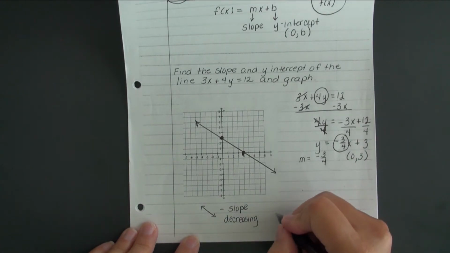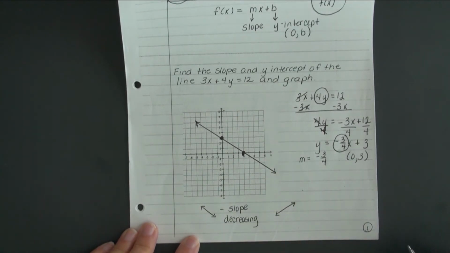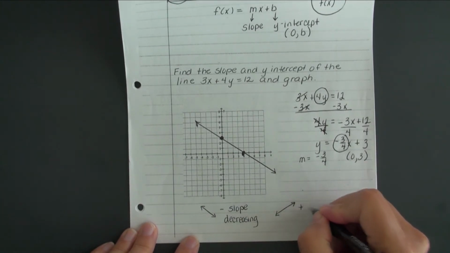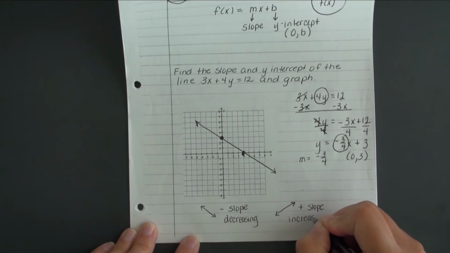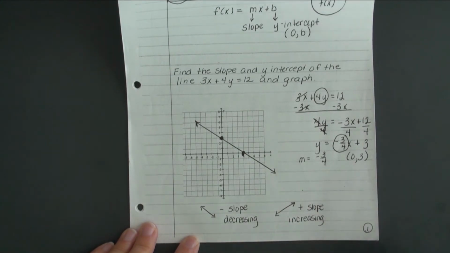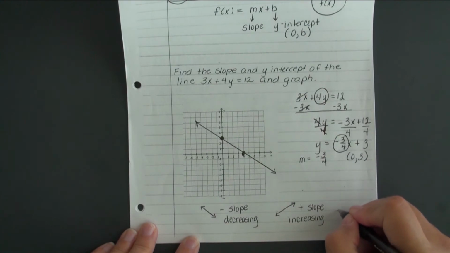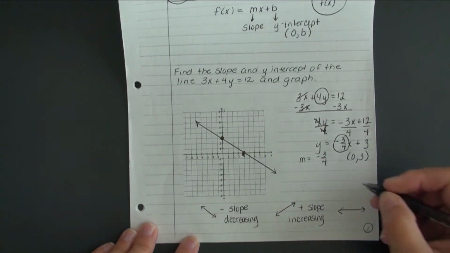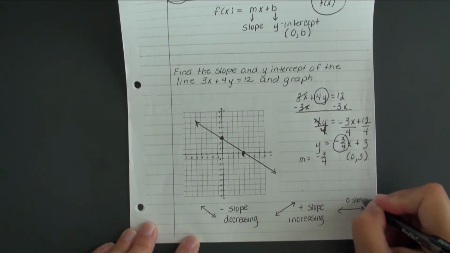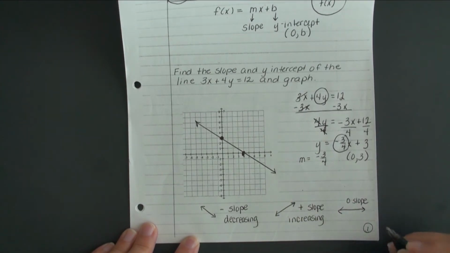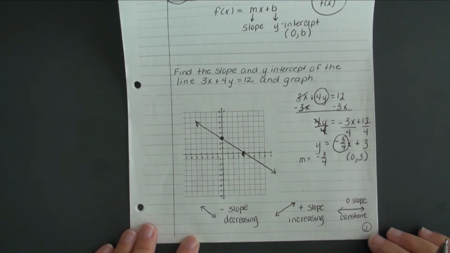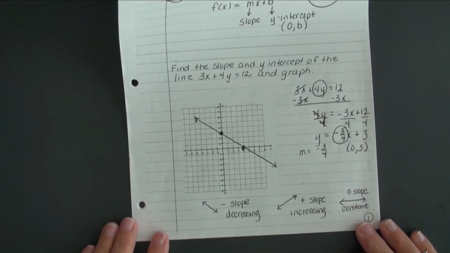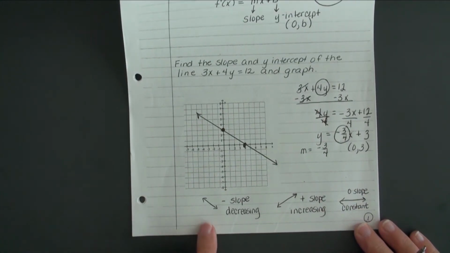If a line rises as you go from left to right, that indicates a positive slope, and we have an increasing function. If our line is horizontal, then we have a slope of 0, and this is called a constant function. So if we have a linear function, it will follow one of these three shapes: decreasing, increasing, or constant.